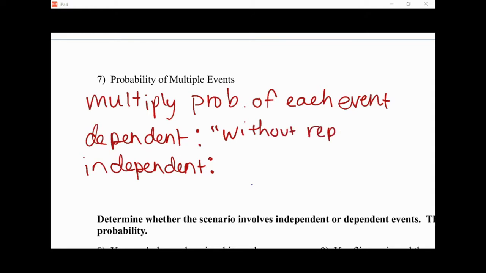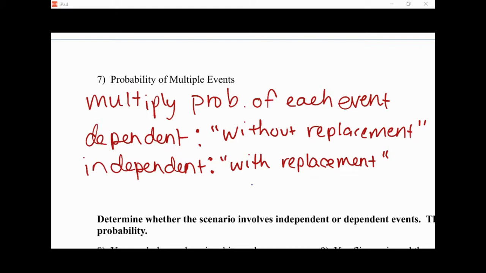Meaning you take something out and you don't put it back, so the total has changed. What's in the bag has changed. That would be a dependent event. When they're independent, it can either be with replacement, so you take something out but then you put it back, or just unrelated events, like one or the other.